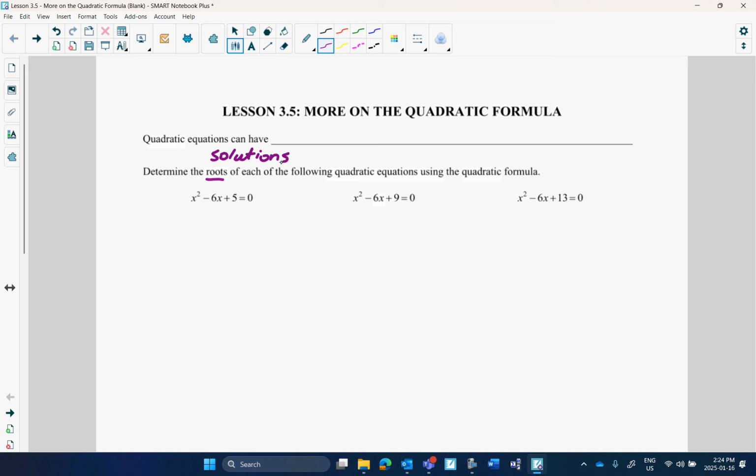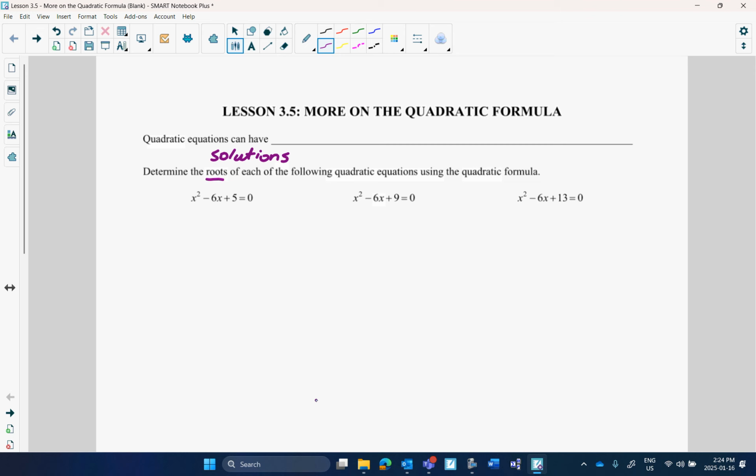So all we're asked to find in this case is the roots. So we're asked to solve. For all of them we're going to use the quadratic formula, even though for one of them you don't necessarily have to.